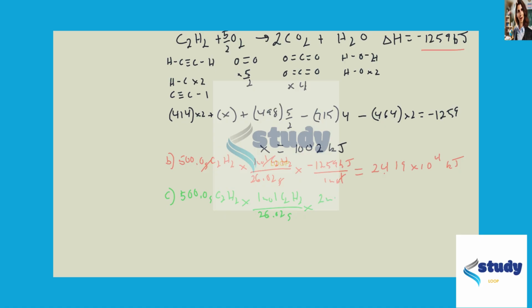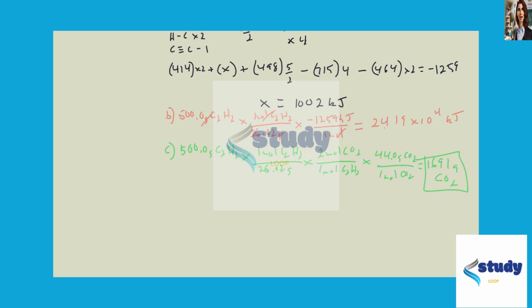For every 2 moles of CO2, I have 1 mole of C2H2, and then the molar mass of CO2 is 44.0 grams of CO2 in 1 mole of CO2, and that is going to equal 1,691 grams of CO2. So there's your answer to C.